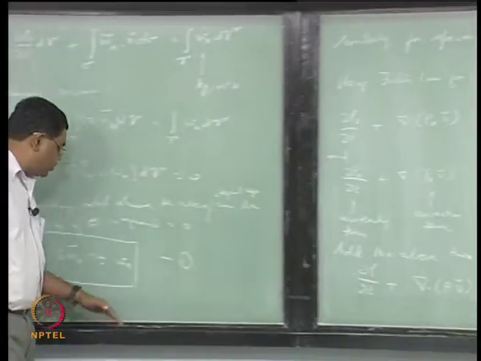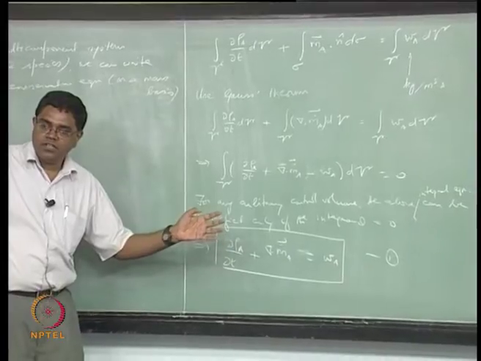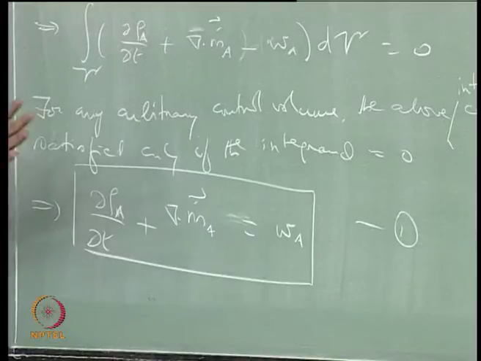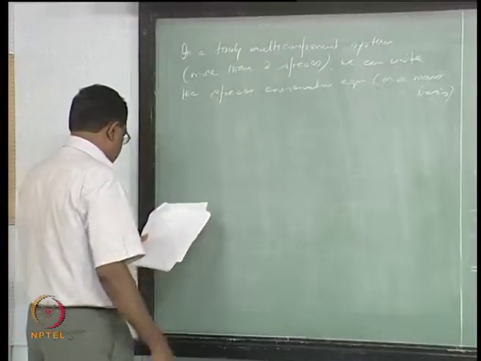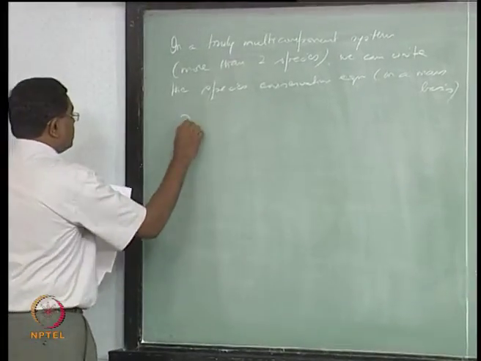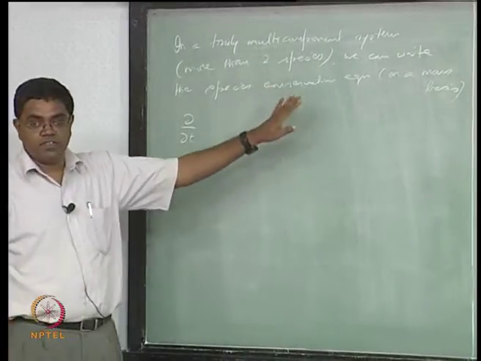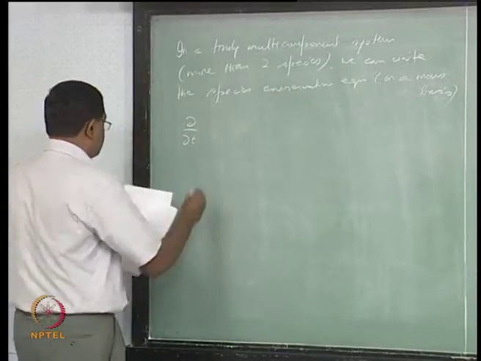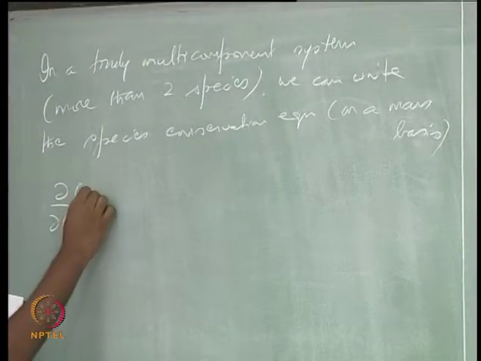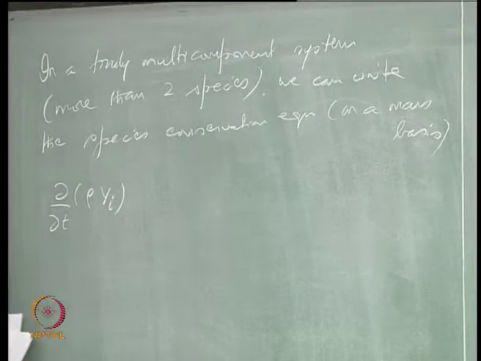So we will write this equation by just opening up into a mixture average velocity and the diffusion velocity. We will write up to that point, and then we will start blinking. So not yet at the moment. So we can go ahead. Unless otherwise stated, it's always going to be mass basis from now on. We will never really go back to molar basis. So we will now write this as rho Yi, for the ith species.